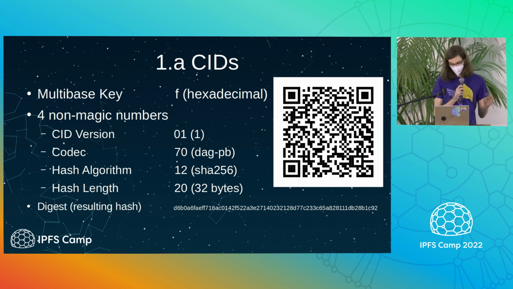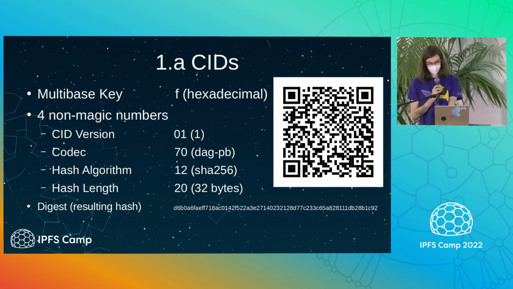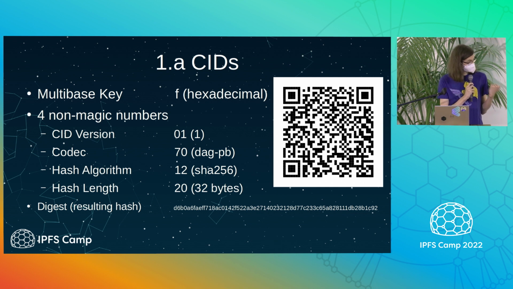The version, which is always one, kinda. The codec is an important thing. We'll see why later. And the hash gives us the algorithm, and the digest, which is the result of the hash. And the hash allows us to do content integrity. So this is the hash of the block this is pointing to.